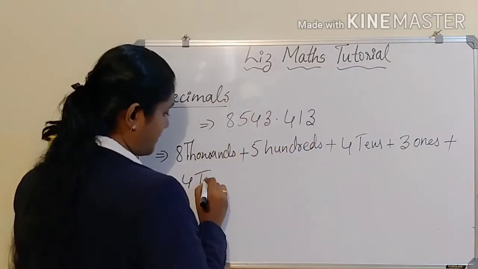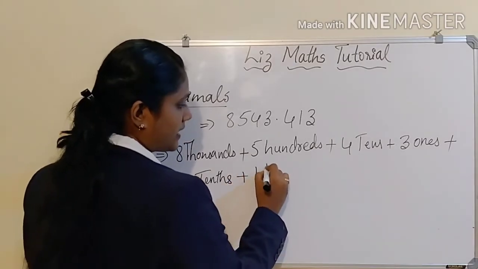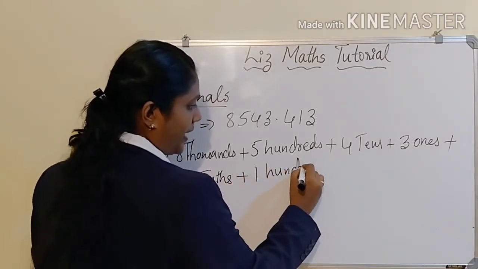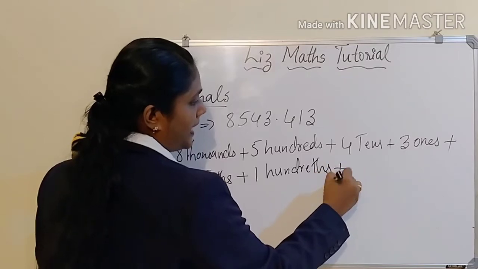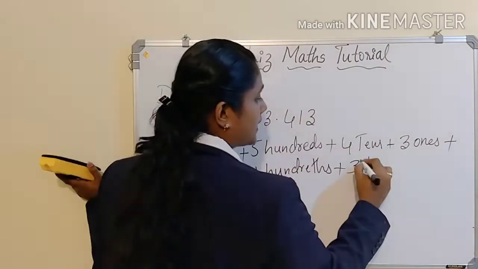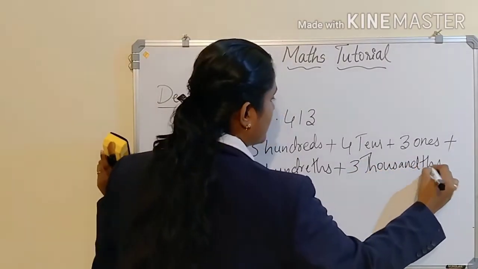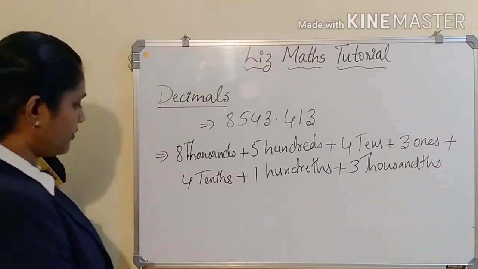Tens, plus 1 hundreds plus 3, what is that? 3 thousands. Thousands. Got it? Now go for writing this.